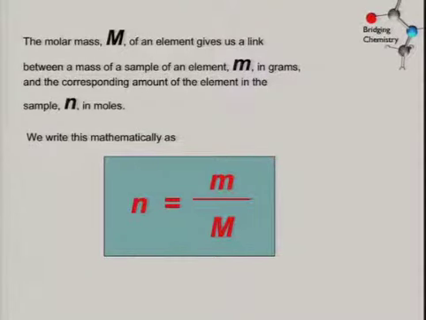And so we can say that the amount in moles of stuff in your sample, which is given the symbol n, little n for amount, is equal to the mass of stuff divided by the molar mass of the stuff. So amount is equal to mass divided by molar mass, or if you like, n is equal to little m over big M.